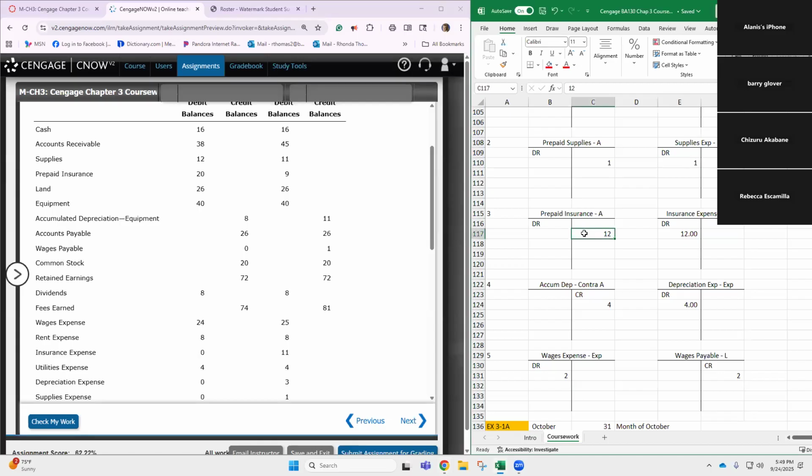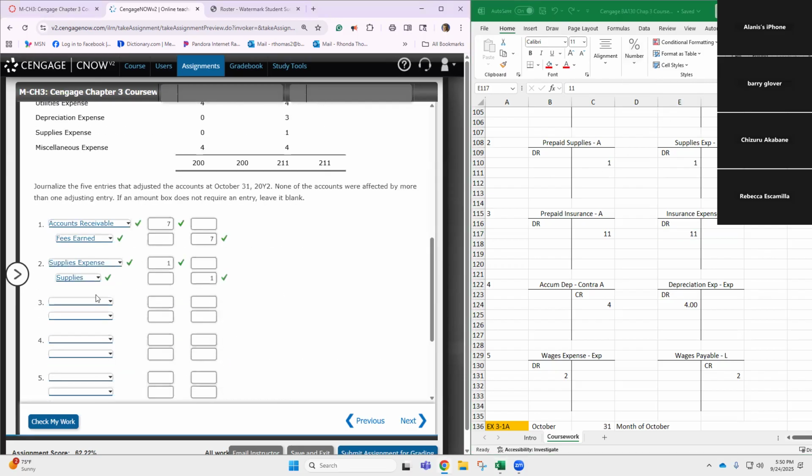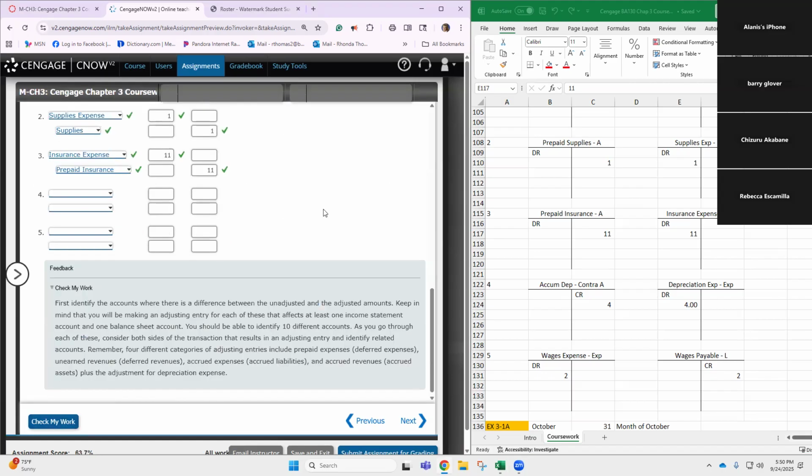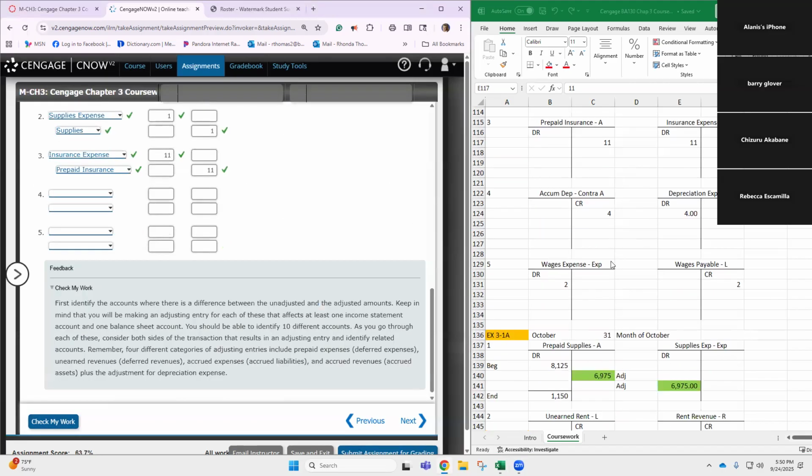So prepaid insurance is going to go down 11 with a credit, and we're going to debit insurance expense for the same amount. Okay, so let's put an entry of insurance expense in of 11, and we're reducing that asset for the amount that we expensed, and check it.